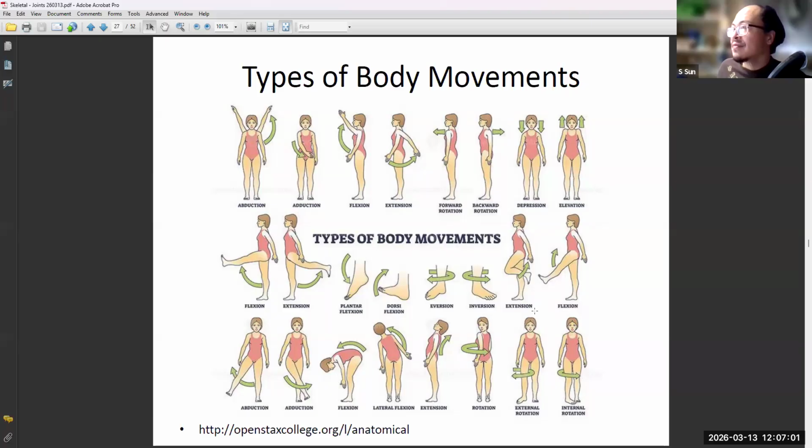This flexion is right here, extension, we learned that already. We have the leg for the adduction. We have our spine or vertebra: flexion, lateral flexion, extension.